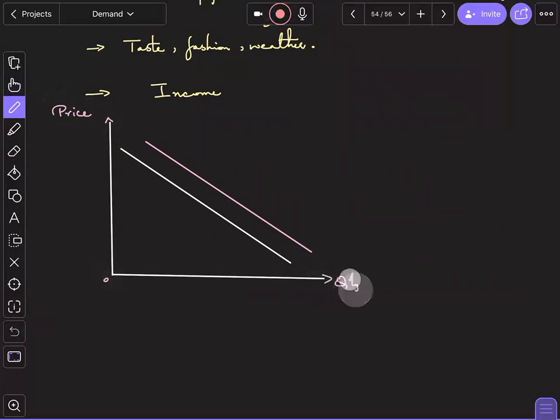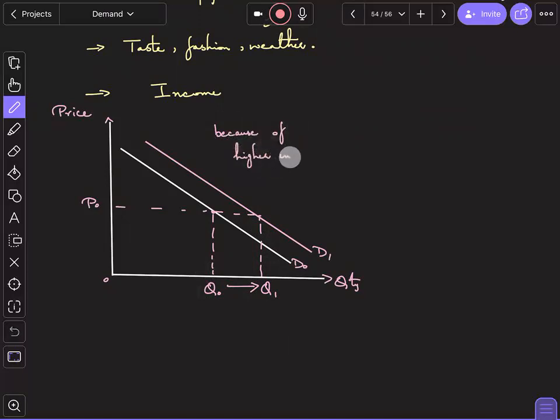If the income increases, then more quantity will be demanded at the same price. People will start buying more cars, even if there is no change in the price of cars, simply because of higher income.